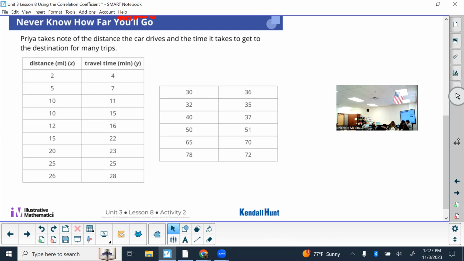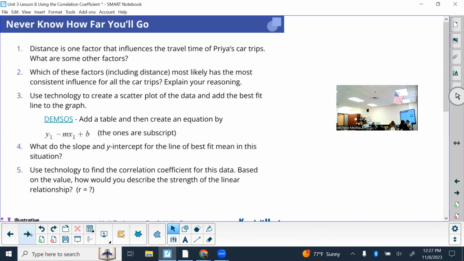First thing you are going to discuss in your group: distance is one factor that influences the travel time of Priya's car trips. What are some others? And which of these factors, including distance, most likely has the most consistent influence for all of her car trips? So for now, discuss these first two in your groups.